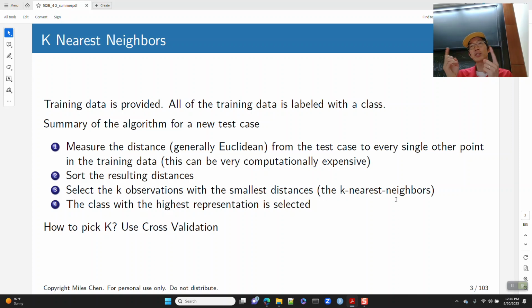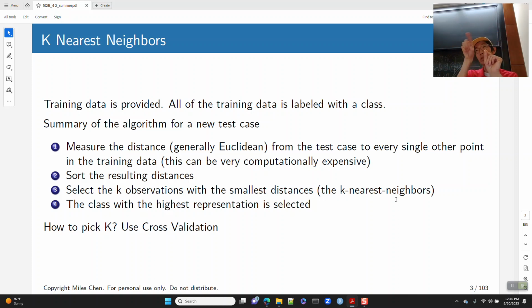To get Euclidean distance, if it's x and y, you take this point minus this point and square that difference, and the y minus y, you square that difference, and you add them up and take the square root of everything, right? We're going to measure the Euclidean distance from our new test case to basically every single data point in our training data.